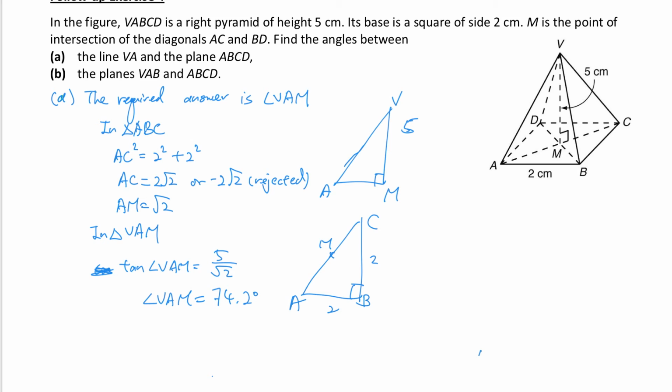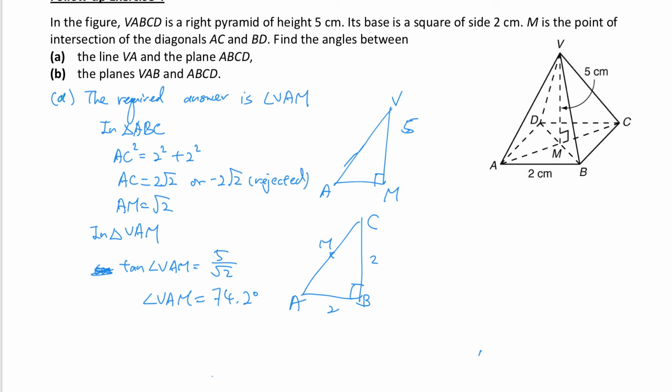The square has side 2, so AB is equal to 2 and BC is equal to 2. AC you can find by using Pythagoras' rule. AC squared is equal to 2 squared plus 2 squared. AM is equal to AC divided by 2, which is square root of 2. After that, by using the tangent ratio, this is 5 and this is root 2, you can find angle VAM. Not very difficult.